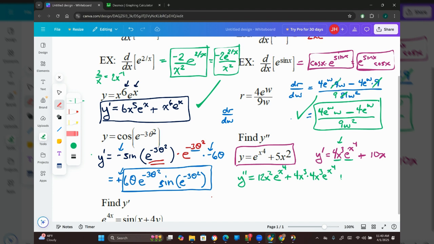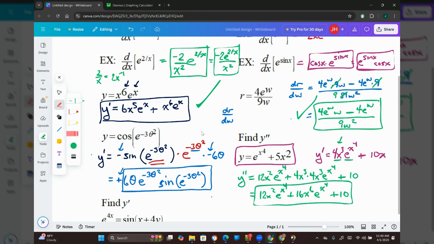And then the derivative of 10x, well, that's just 10. And if I do some simplifying here, I've got 12x squared e to the x to the fourth plus 16x to the sixth e raised to the x to the fourth plus 10. That is an ugly derivative. But we got the job done.